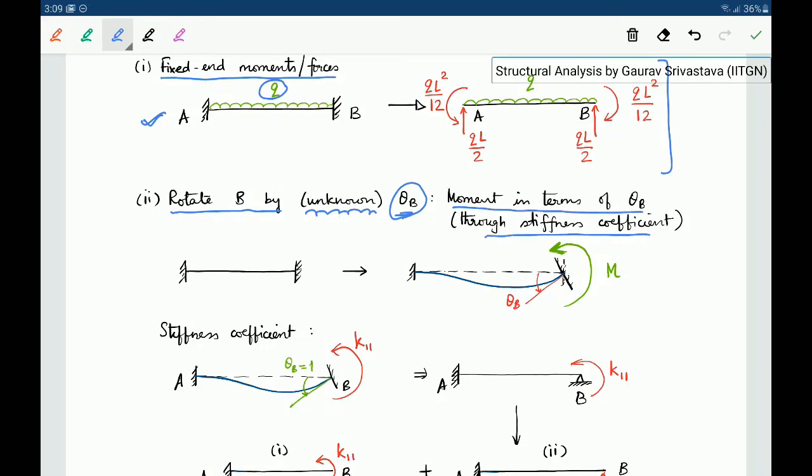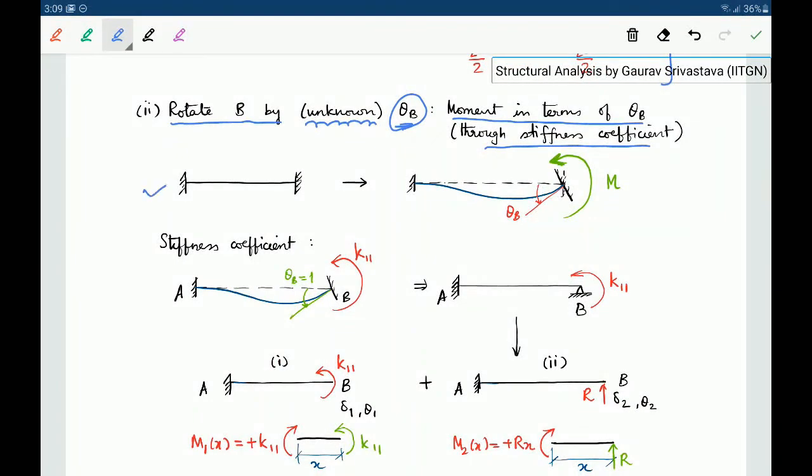Okay, so we are taking this primary structure, we are saying that at the joint B, we have rotated it by an amount theta B which is not known, and to create this unknown joint rotation, there is an unknown moment which is required to be applied, right?